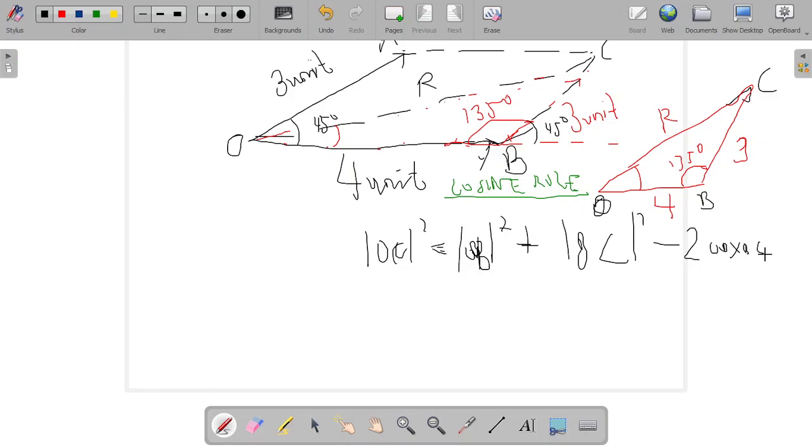This implies the angle that faces the side OC, which is 135 degrees.